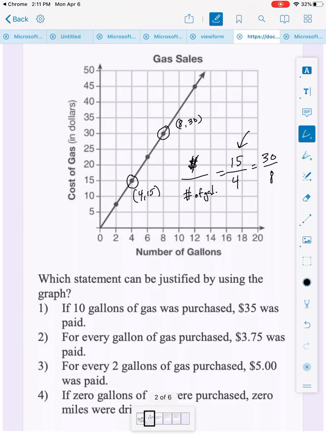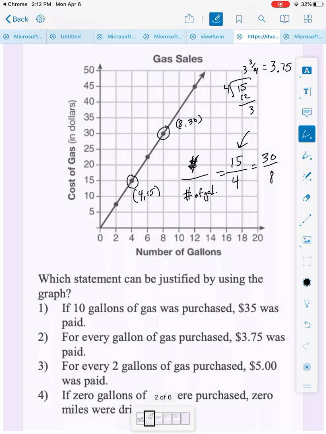So if I divide 4 into 15, I know that 4 goes in 3 times, and I have 3 remaining. So, in other words, 4 goes into 15 3 and 3/4 times, which is also equivalent to 3.75.